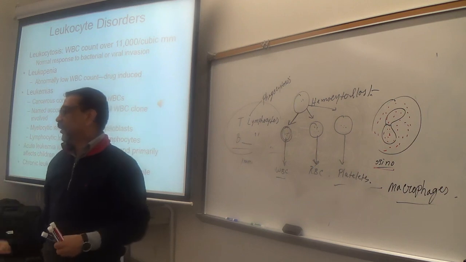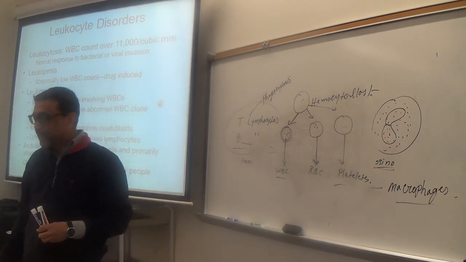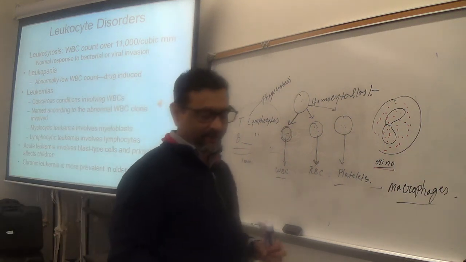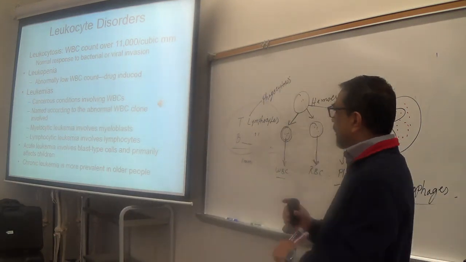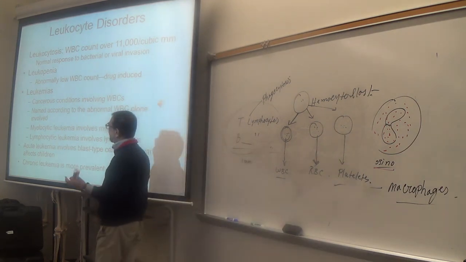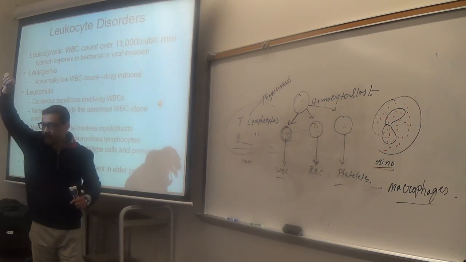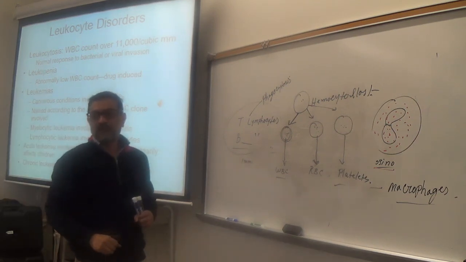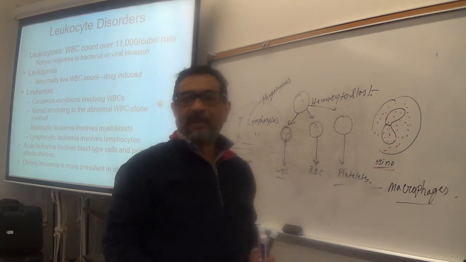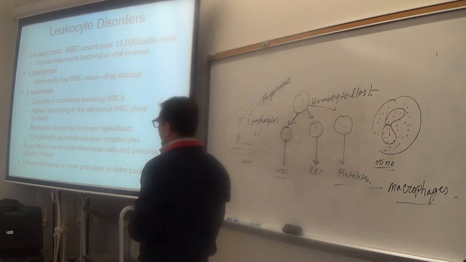So any kind of infection can cause leukocytosis, slight increase of white blood cells. And by looking at that, we can guess that the person might have some infection in the body. Penia means decreased count. So leukopenia is lower number of white blood cells, below 4,000.